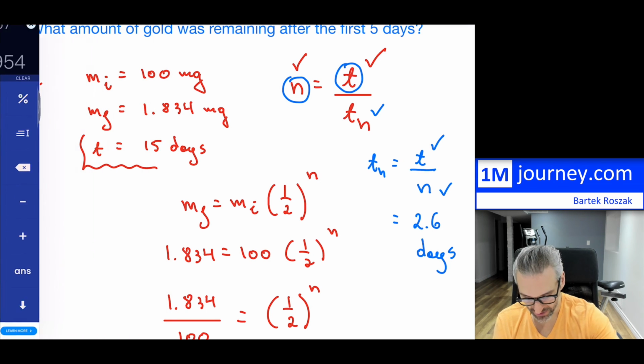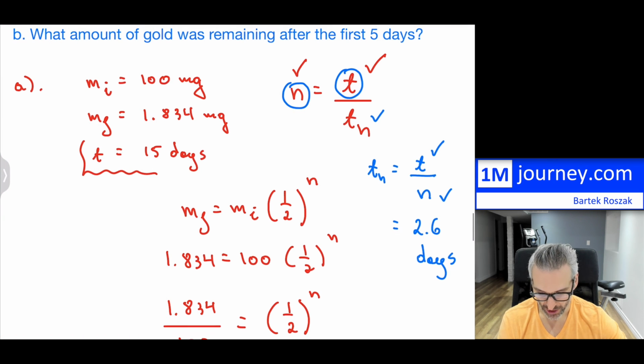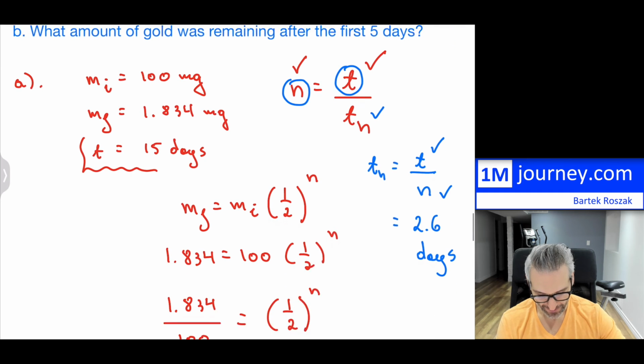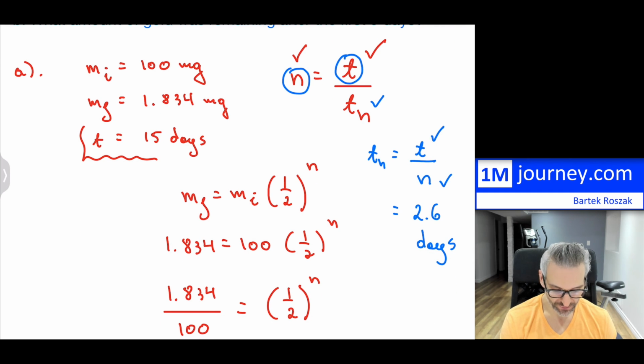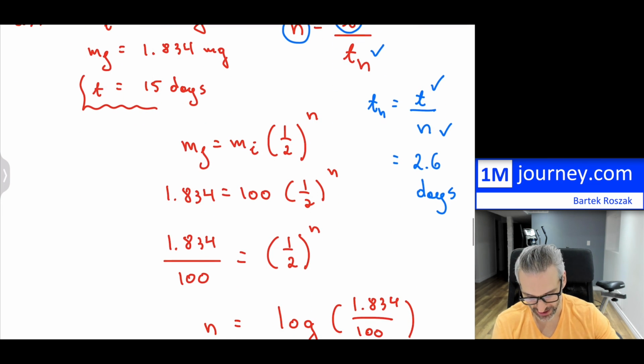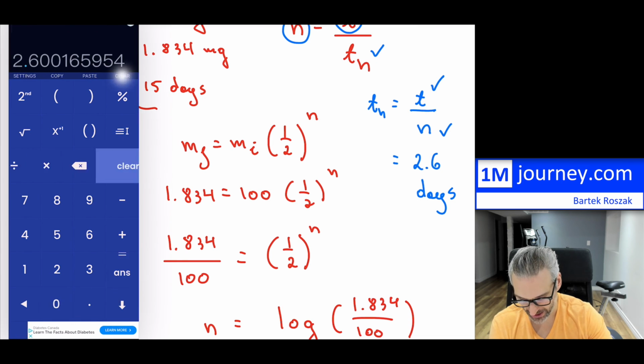So there you have it. That's another awesome question. To finalize this, where it says, what amount of gold was remaining after the first 5 days? Well, that is very simple. Now that we know the half-life time, which is 2.6 days, with respect to 5 days, we can just substitute this in. So let's do that all on our calculator.